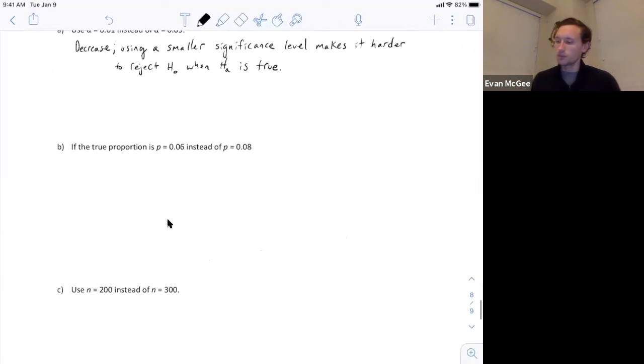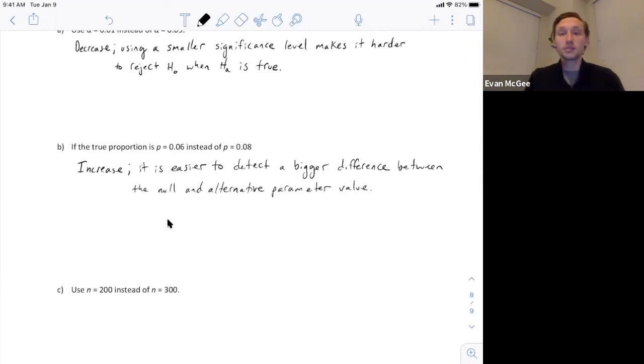Problem B, if the proportion is 0.06 instead of 0.08, so the difference between the null and the alternative has been increased, it will increase the power because it'll be easier to detect a bigger difference between the null and the alternative parameter.